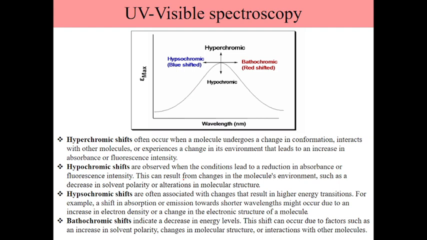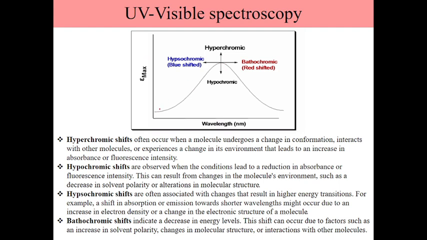Now we were talking about the fact that different molecules, or the sample molecules, are going to behave differently in different environments. For example, this is absorbance and this is wavelength, and let us say we got a peak like this.